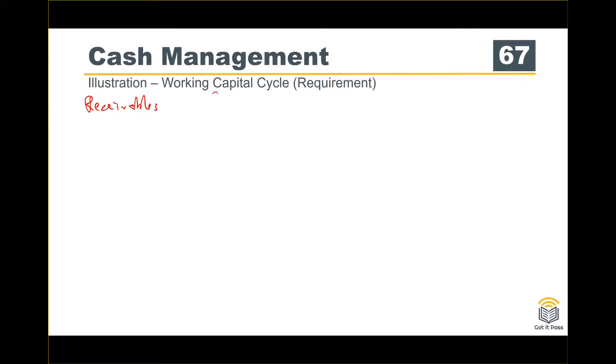Receivables is a 2.5 month receivable period. So the 2.5 divided by 12, and then times the annual credit sales, which is 1.5 million. So the total account receivable balance is $312,500.